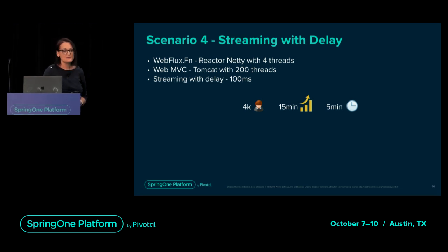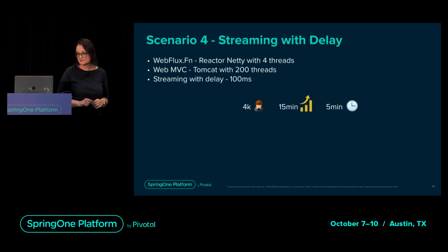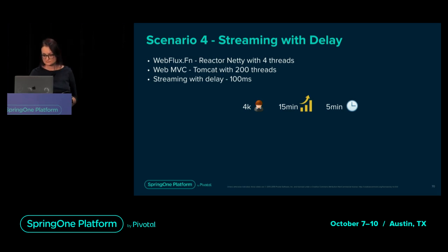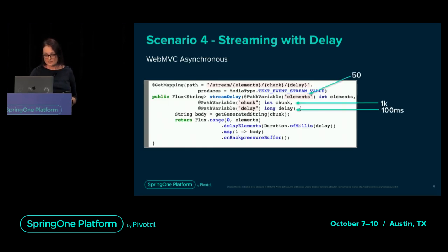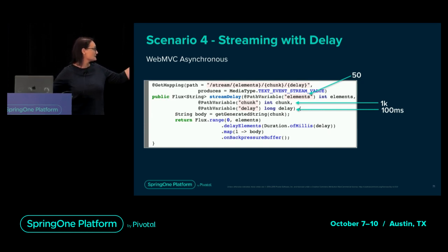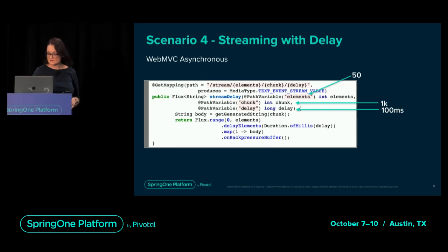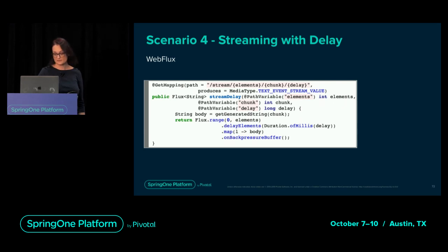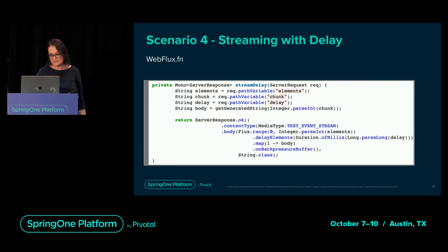And what will happen if we try to delay the response with streaming? This time, we delay elements with 100 milliseconds. This is WebMVC, the same is WebFlux, and this is the functional controller.